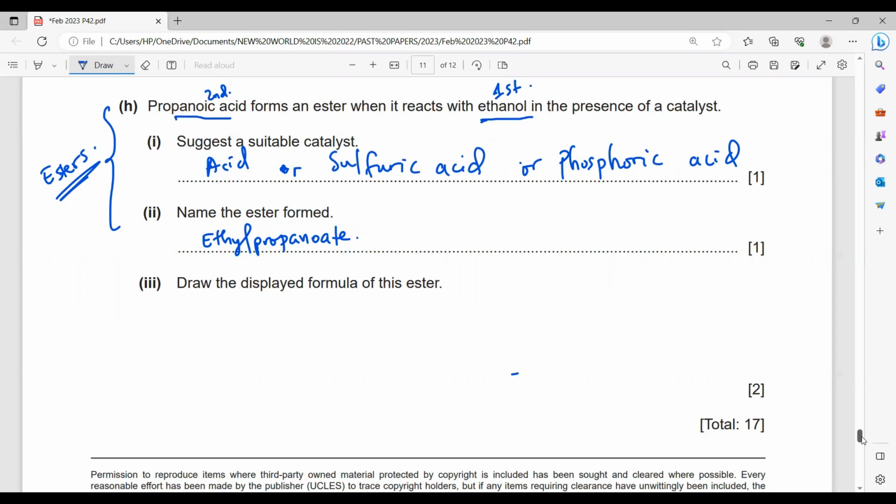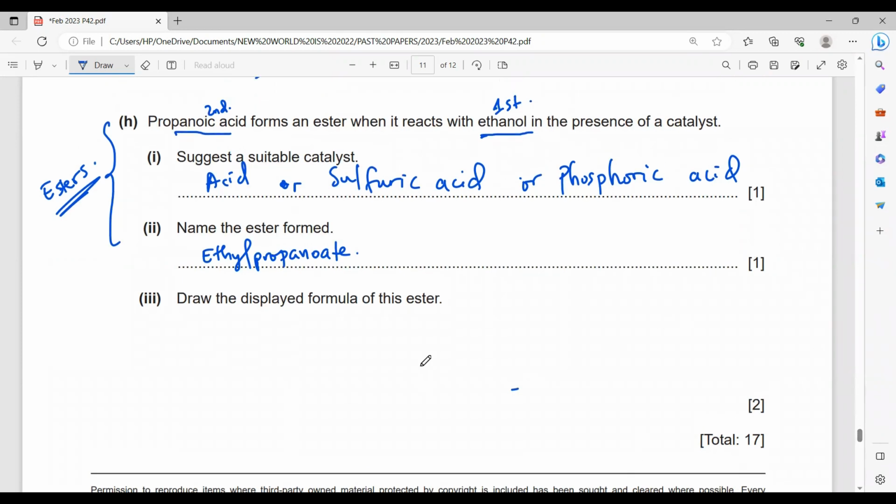Draw the displayed formula of this ester. So what are you going to do? We want ethyl propanoate. Now, when the structure is concerned, we start with the propanoate. So we're going to have this, and I like to draw my ester group first.